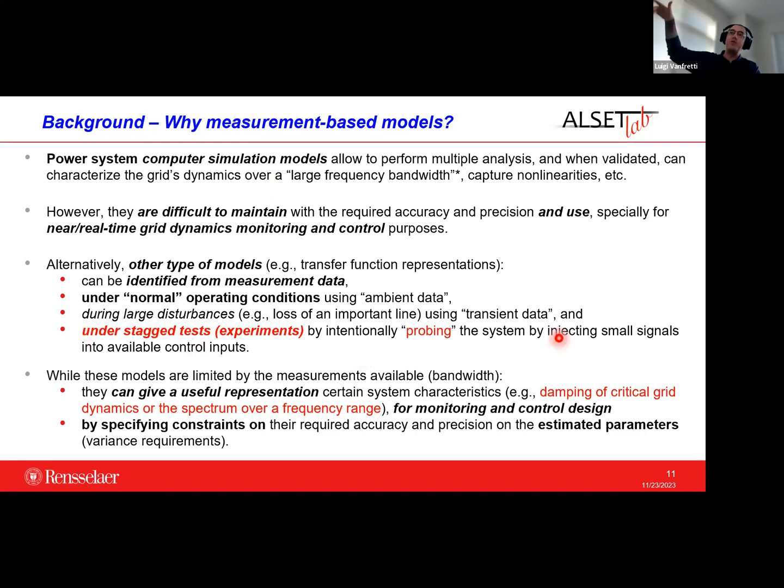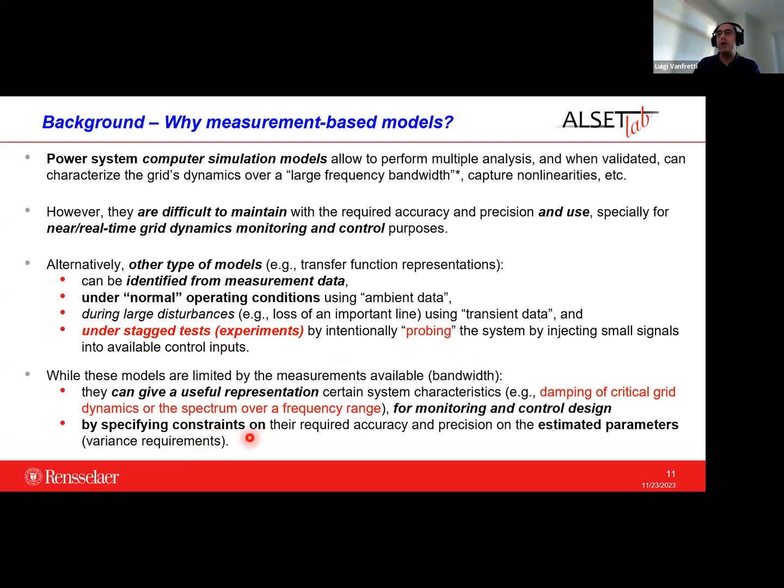So you have large disturbances, and we call it transient data. And then what becomes interesting is that there are a few staged tests or experiments where you actually inject probing signals. And these models, even though they're limited by the bandwidth of the measurements and whether or not you have a probing signal, can give a useful representation for the monitoring problem, which is critical grid dynamics, the mode frequencies and dampings, for both monitoring and control design.